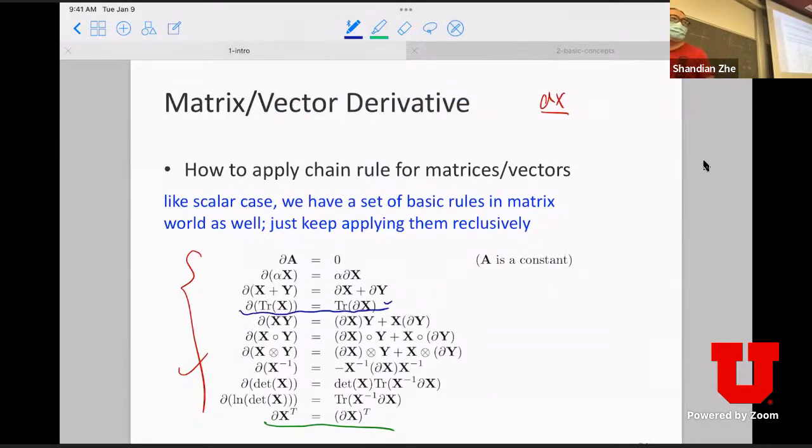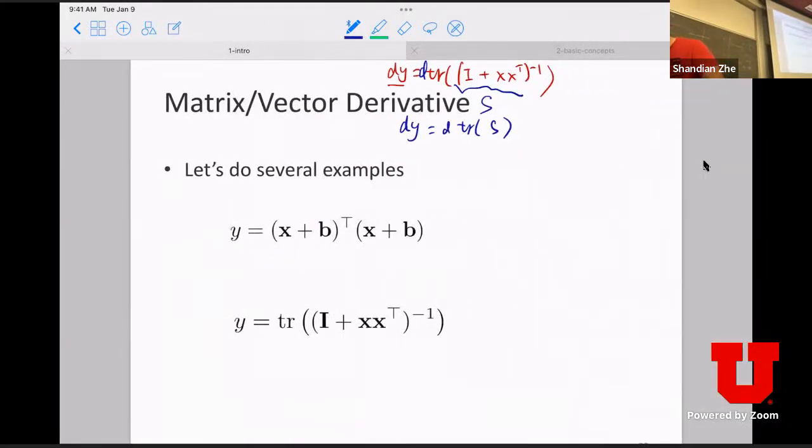We can apply the chain rule. Here we're going to switch the trace and the derivative over S. That means we're going to compute the trace of d of this guy. Now it seems we have to solve another problem.